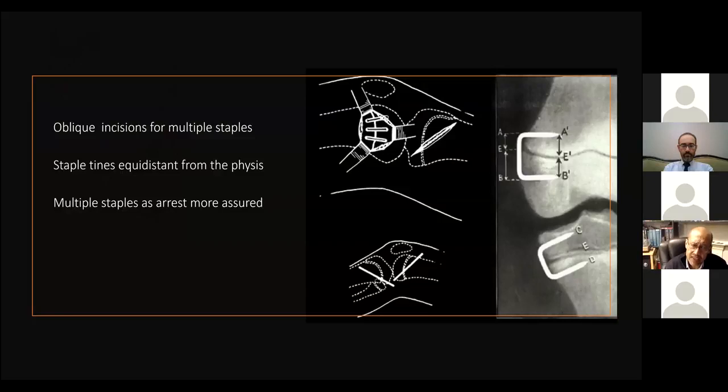These were originally stainless steel and later became Vitallium, which is another alloy, because he found that they were more resistant to breakage. The reason for using multiple staples was so that you could be sure there was an effect on growth on that side of the physis.